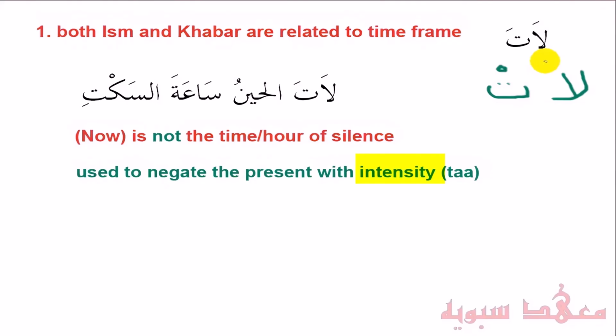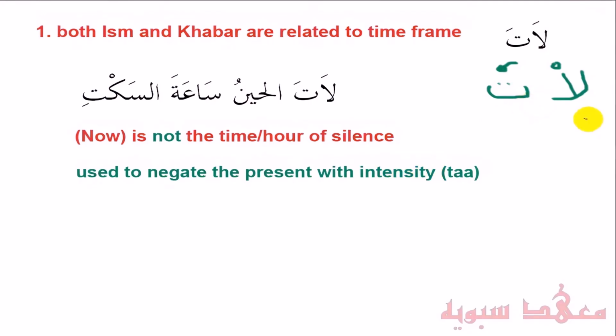This is one of the discussions by scholars of linguistics, what they say is that this is sakin as well, the alif here is sakin, and this is sakin, and they do not coexist together. So what happens is, this gets a fatha, becomes Laata, and negation is with intensity.